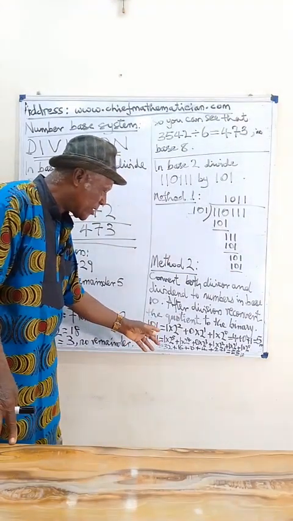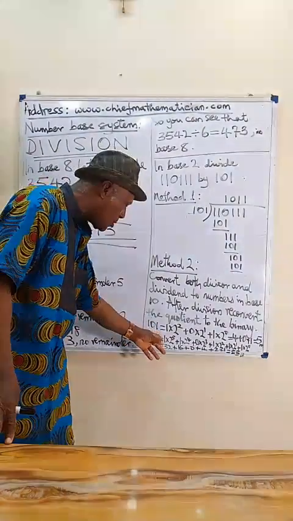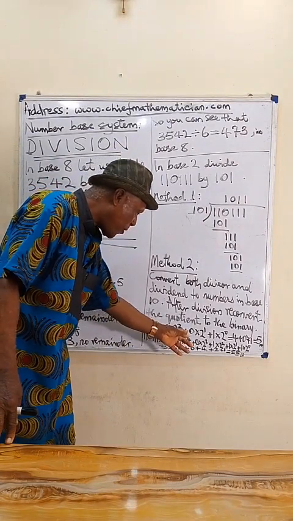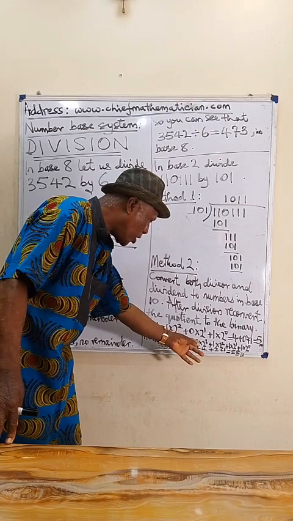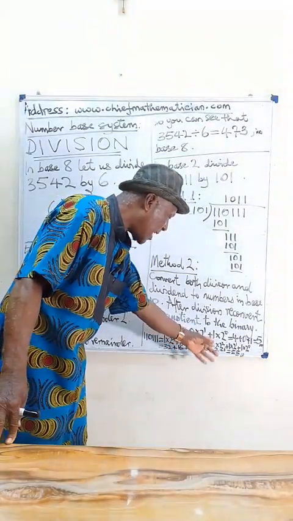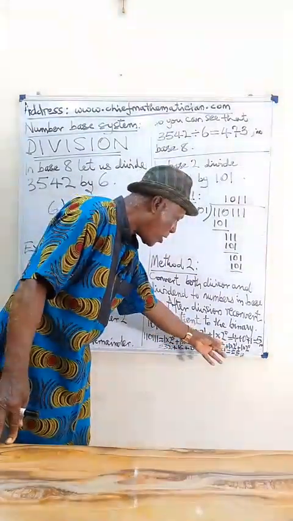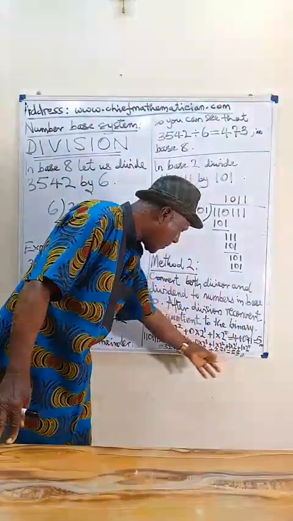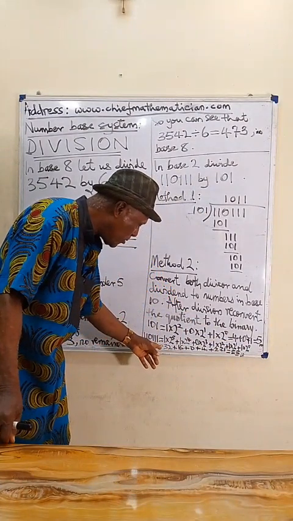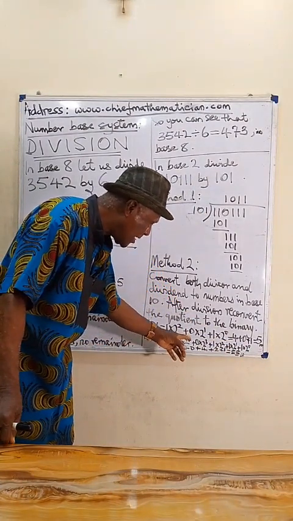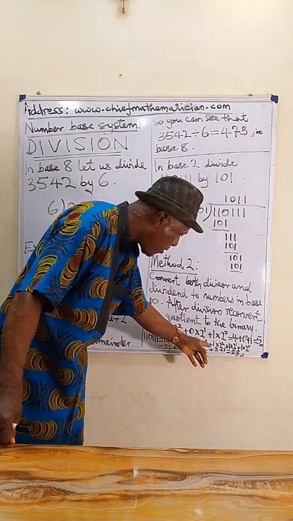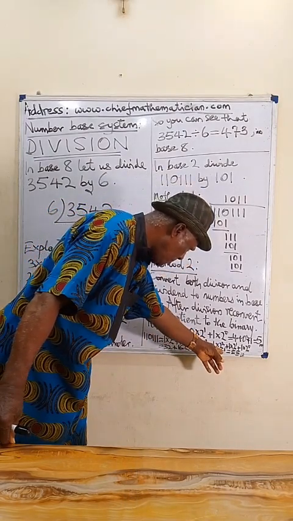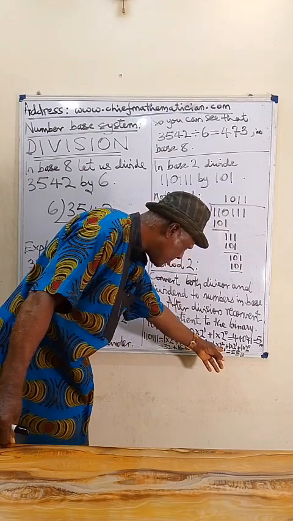So using that approach now, we shall get 1 times 2 to the power 5 plus 1 times 2 to the power 4 plus 0 times 2 to the power 3 plus 1 times 2 to the power 2 plus 1 times 2 to the power 1 plus 1 times 2 to the power 0. The whole thing will give you 32 plus 16 plus 0 plus 4 plus 2 plus 1.